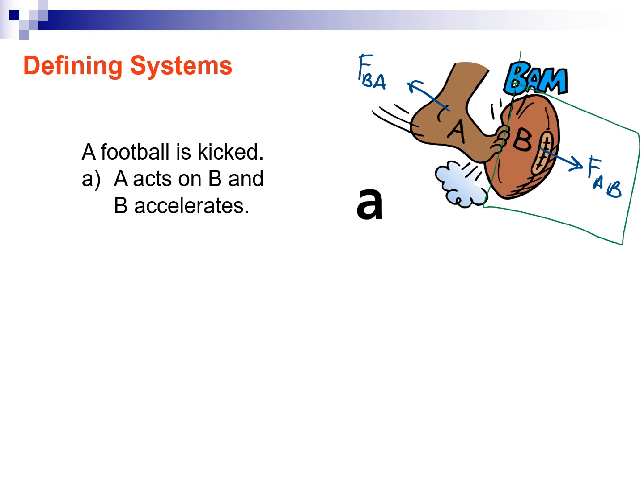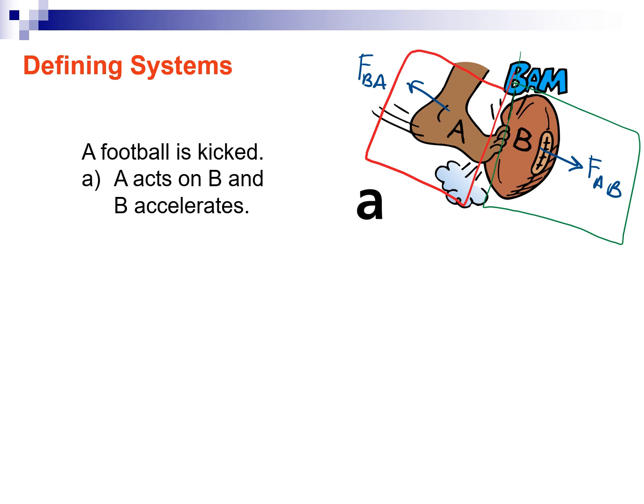This is the system. You can see that there is only one force acting on the ball, and there is nothing to cancel it with. And if you look at the foot as the system, so here it is, only the foot. There is only one force acting on the foot, and there is nothing to cancel that one either.